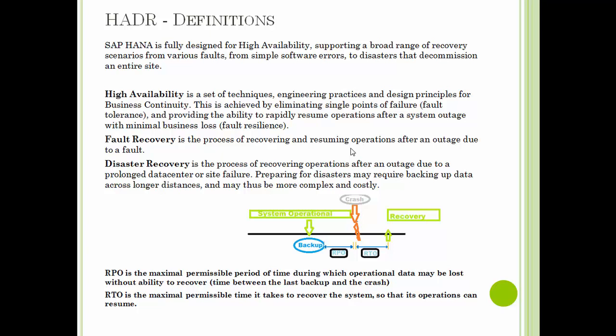So this again points to an outage due to a fault, where we implement this recovery procedure of recovering the solution and resuming the operations. In fault recovery, there are two techniques supported. One is termed the service auto restart and the other is termed the host auto failover.